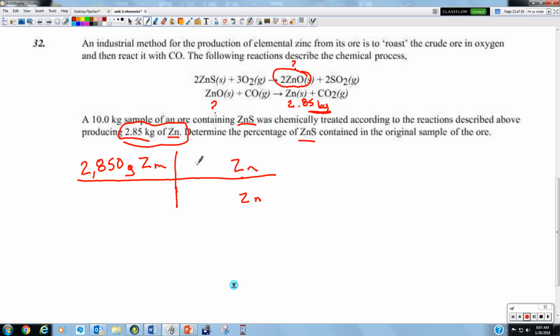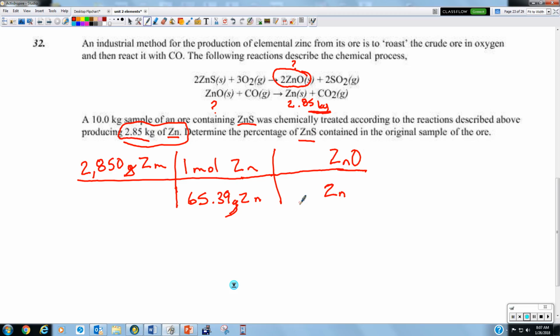So for every 1 mole of zinc, there are 65.38 grams of zinc. That gets rid of my grams and gives me moles. Next step, I am going from zinc to what compound? Zinc oxide.